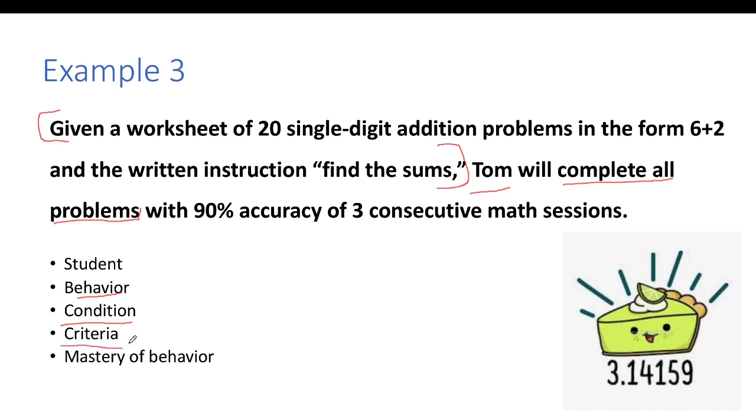And then criteria, the number goes here, 90% accuracy. And mastery of behavior is here, 3 consecutive math sessions. So in one sentence, you see all 5 elements are there.